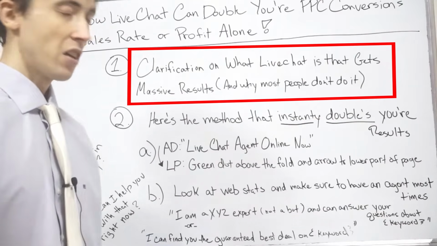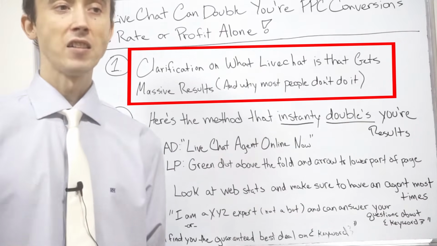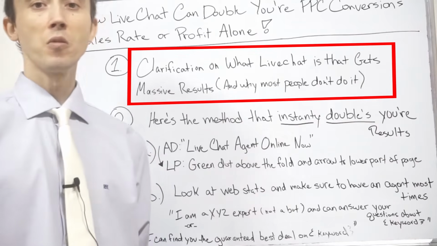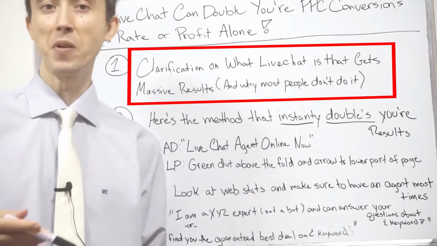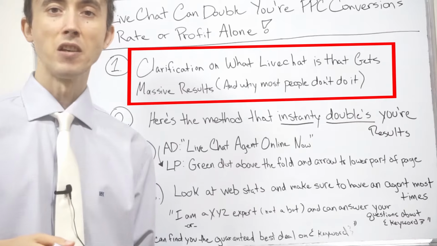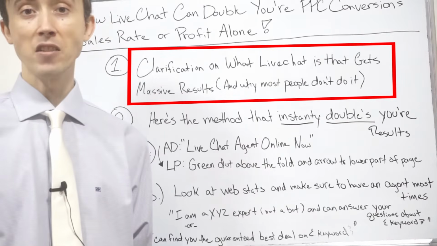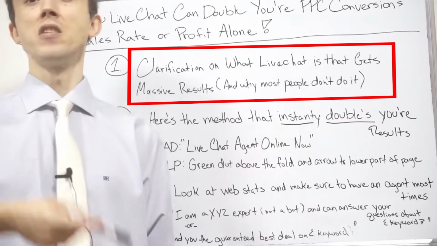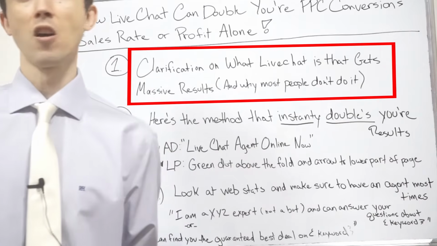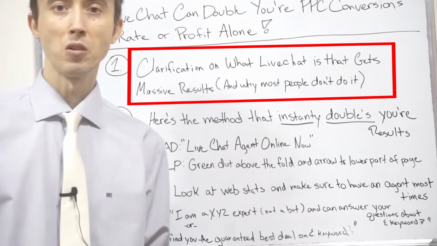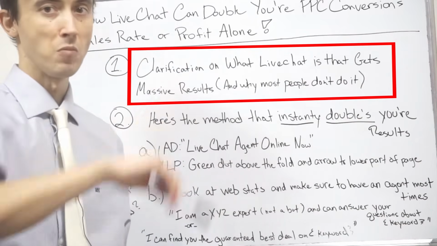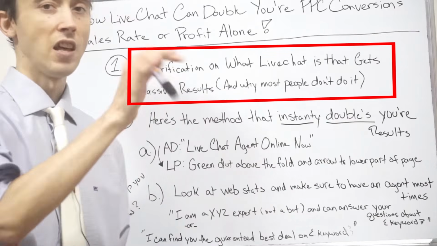But stay away from the bots, because people can tell it's a bot when they chat with it. They're not stupid, and for the most part, it doesn't really help anybody. If a bot could do it, why wouldn't all the furniture stores and car dealerships and so forth, when you go into the car dealership, just give you a computer bot to talk to?